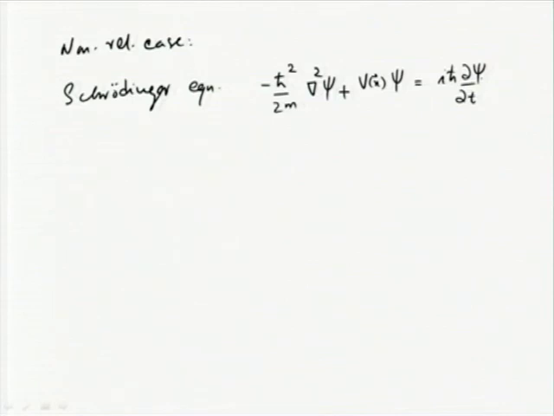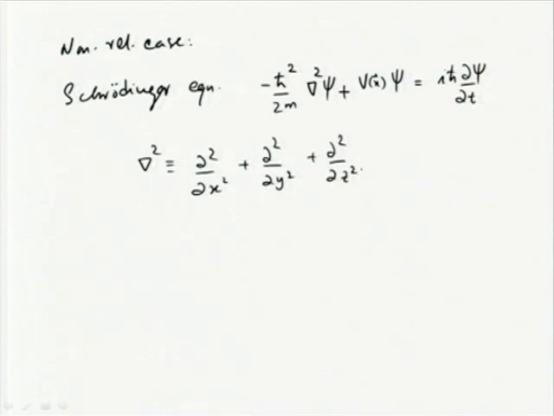Why can't we take this as a relativistic equation? Because if you look at the kinetic energy term, del square is essentially in Cartesian coordinate system the second derivative with respect to x plus dou square by dou y square plus dou square by dou z square.